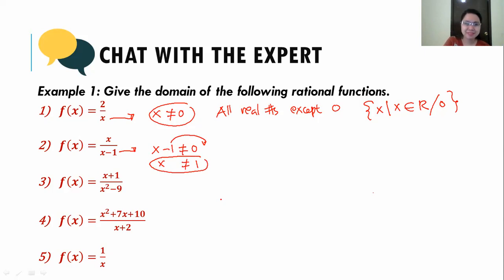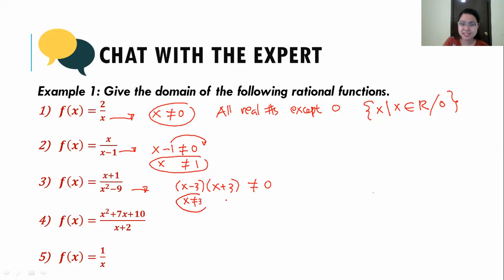The next one, the third. x squared minus 9 can be factored as x minus 3 times x plus 3, and that should never be equal to 0. So let's solve the first one: x should never be equal to 3.